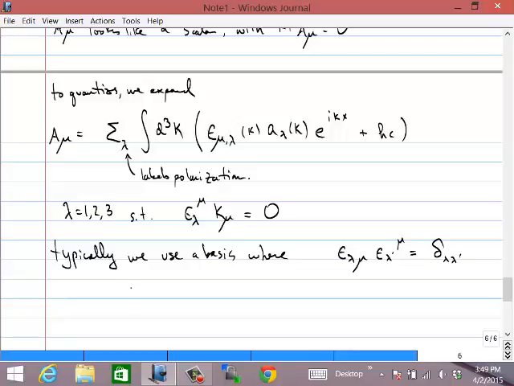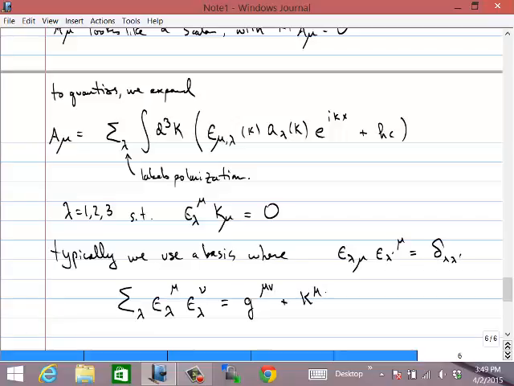And then, just as in the gauge boson case, we have this nice formula for what happens when we average over polarizations. If you average over polarizations of a massive vector, again, you'll get something proportional to g mu nu.